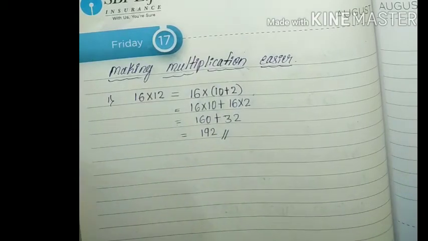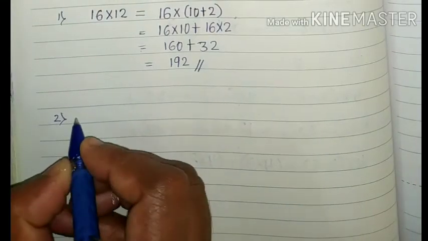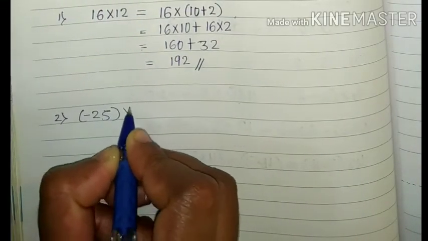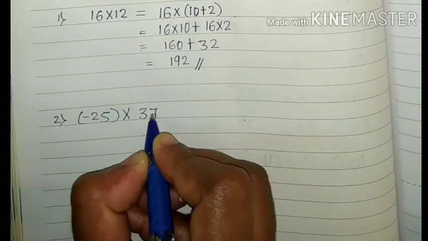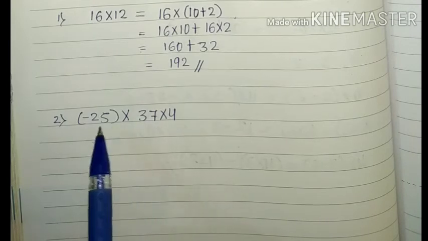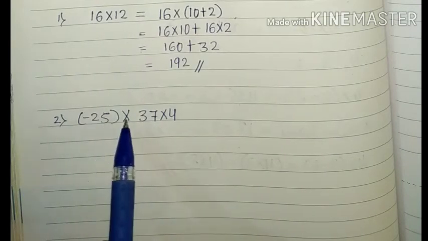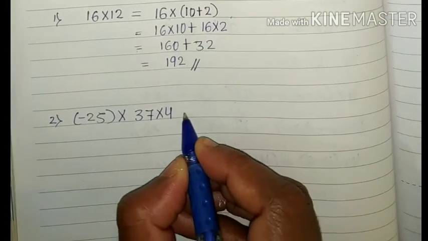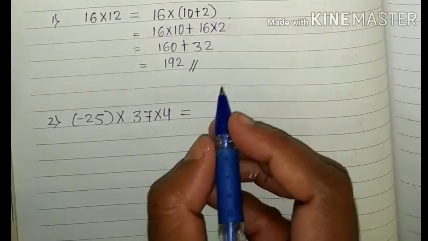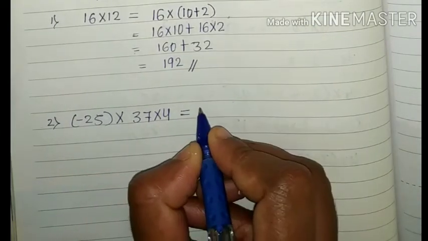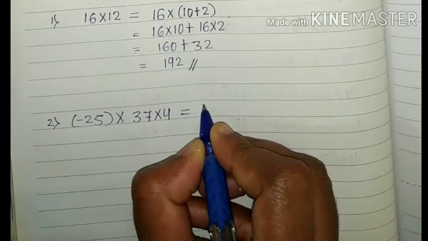Simply we will solve. I will take another example. Minus 25 into 37 into 4. By solving this, we have to multiply what? Minus 25 into 37 into 4. It is quite lengthy. See here, I will simplify using associative property. Here, I will take 25 into 4. It is very simple, no?